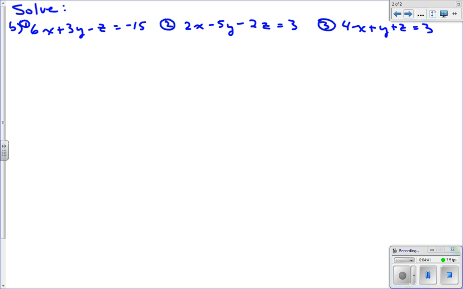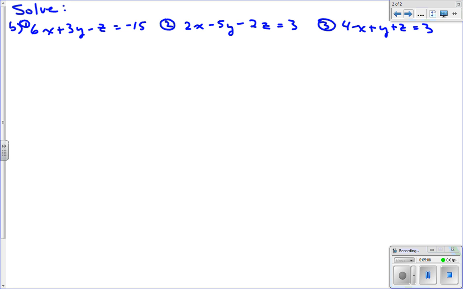So to do the elimination, you need to do it in stages, and so you need to choose one variable first that you're going to eliminate. And you need to eliminate it twice using a different pair of equations each time. So when I look at equation 3, I notice that I have a plus z, and in equation 1 I have a minus z.